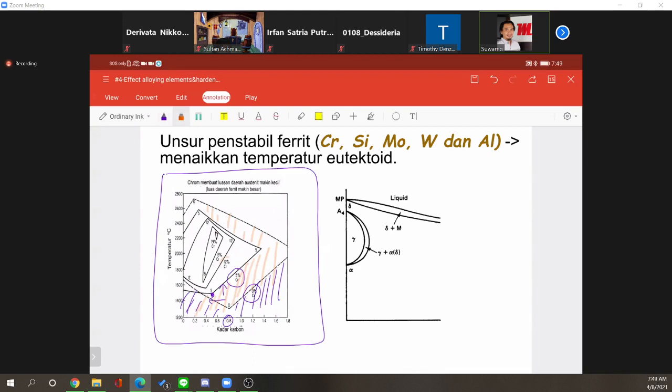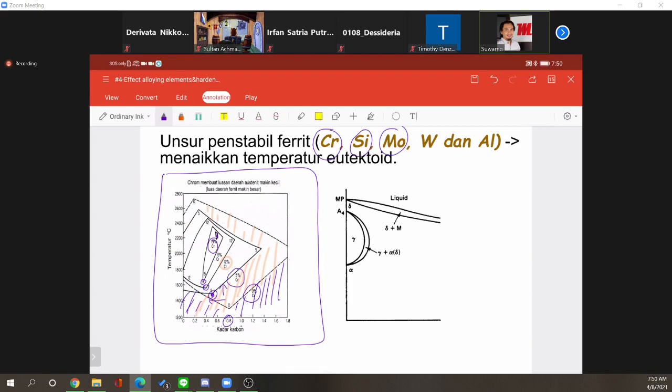If you put 12% chromium here, the eutectoid temperature increases further from this temperature into this point. If you increase to 15%, you have this. Until you add quite a lot of chromium, like 19%, you have no austenite anymore. So in this situation, you will form basically only ferrite. No austenite can be formed if you add too much ferrite stabilizer like chromium, silicon, molybdenum.